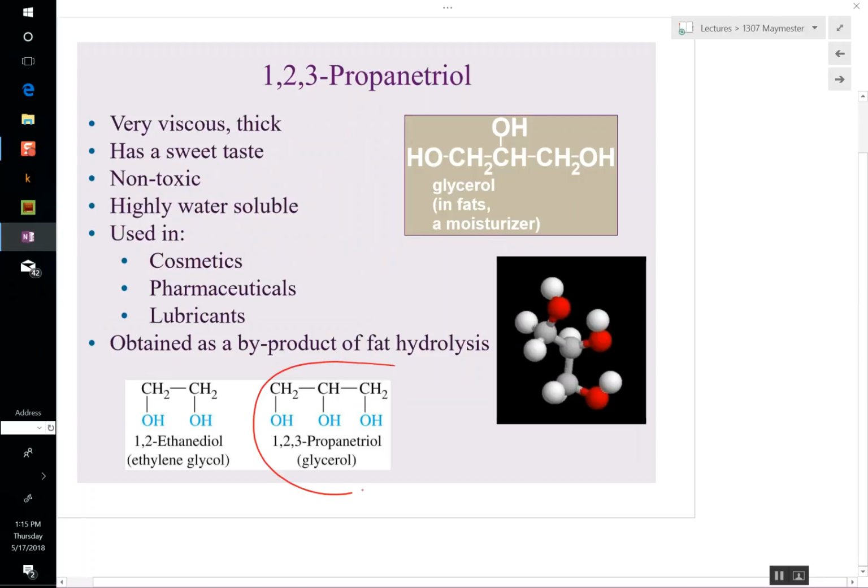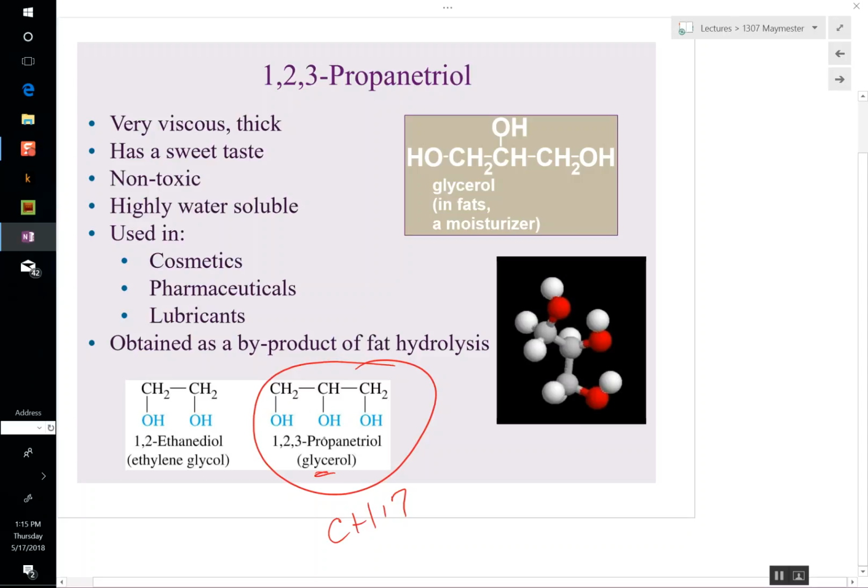This molecule here will be an important one, glycerol, in Chapter 17. You don't have to worry too much about it right now. In Chapter 17, I'll have you learn that molecule. Glycerol, or 1,2,3-propane triol. It's got an OH on every carbon. This is not toxic.